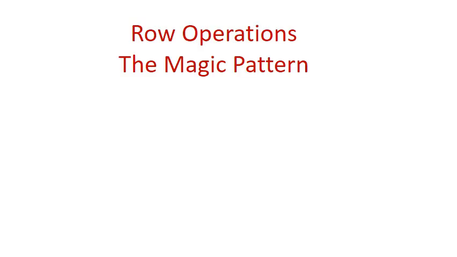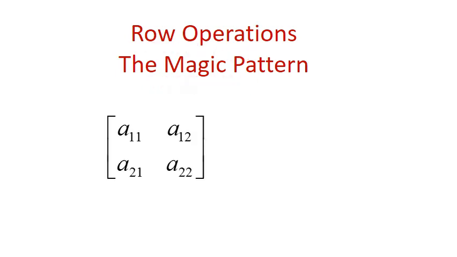In the previous question we learned how to find the inverse of a 2 by 2 matrix by using row operations. Now we have to learn how to follow a kind of pattern that is called the magic pattern in the case of row operations. For example, the general form of a 2 by 2 matrix is A11, A12, A21, A22.